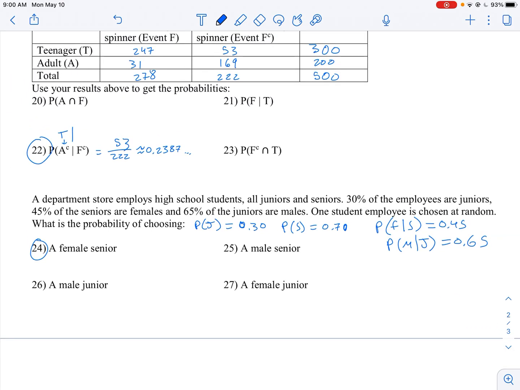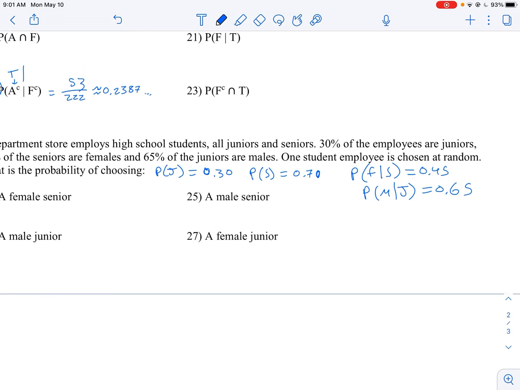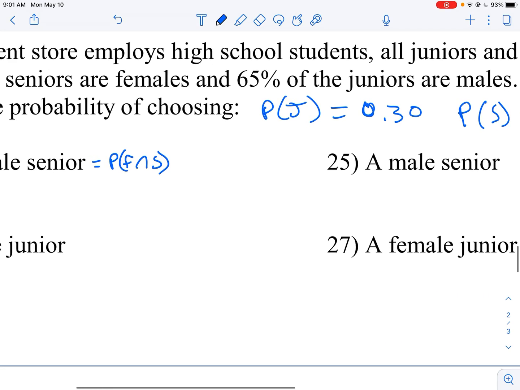And then one last example for you. A department store has a certain situation here. I took the statements and converted them to these: J is junior, S is senior, F is female, M is male. It's picking a random student, and you're trying to figure out the probability that it's female and a senior. The probability of that is equal to the probability that they're senior times the probability that they're female given they're a senior.